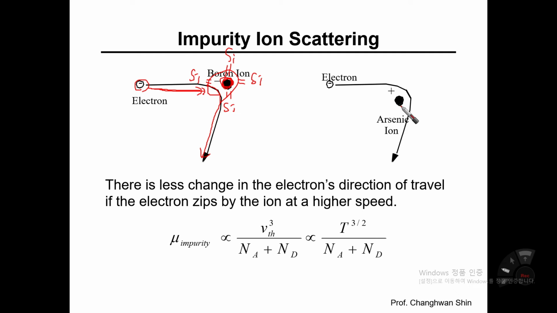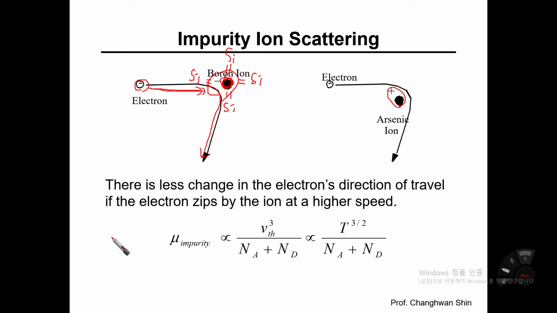How about the donors, arsenic? You know, same, right? Whatever the charge sign is, the ionized impurity atom would affect the trace and direction of the traveling way of the carriers, resulting in ionized impurity scattering.